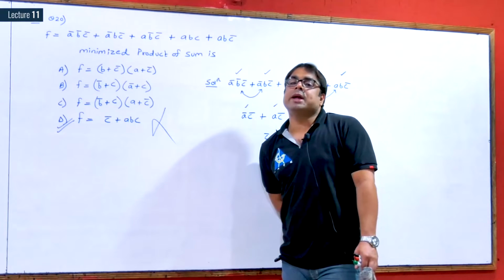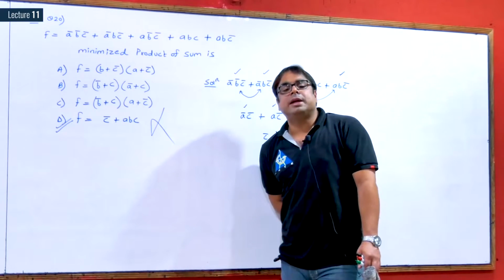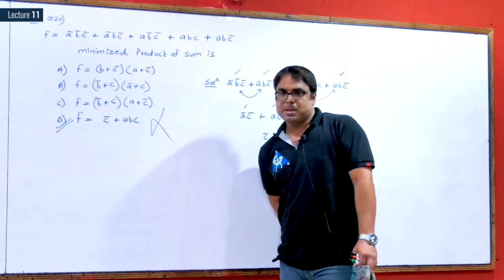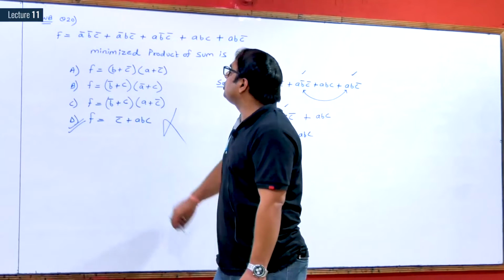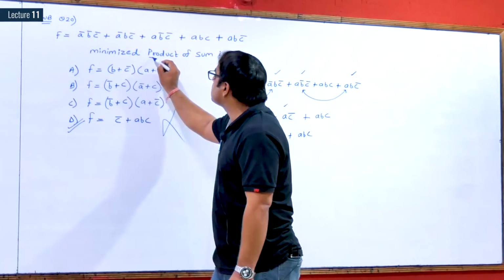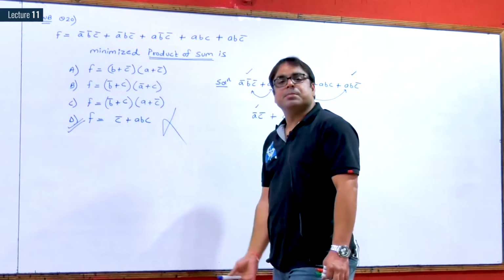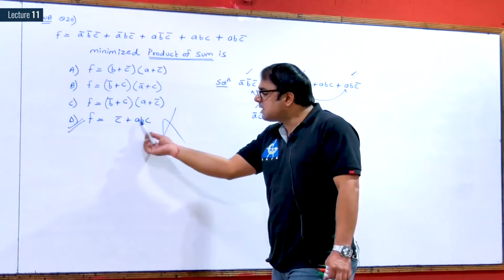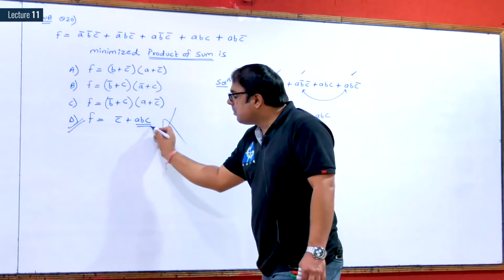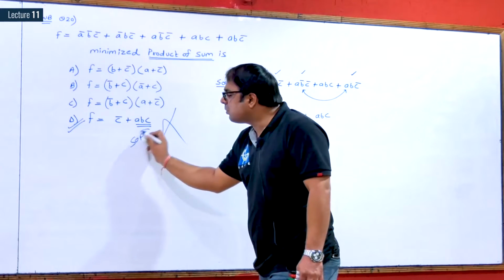And many students in this GATE exam made the same mistake. If you read the question properly, it is asked product of sum form. Is it product of sum? No. See, this is your product term, which means it is in the SOP format.